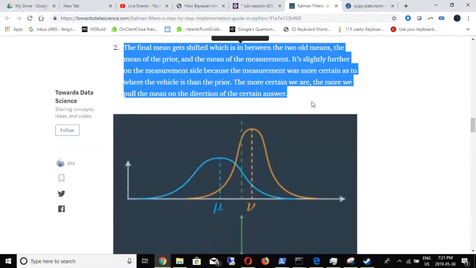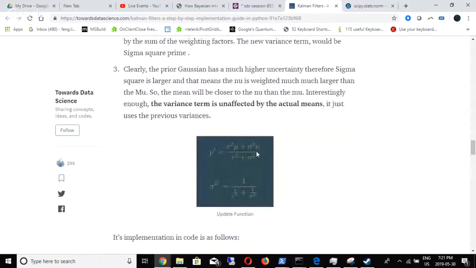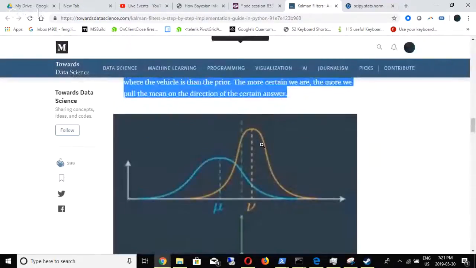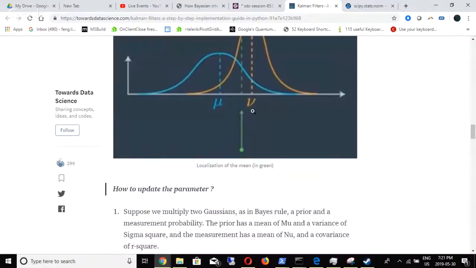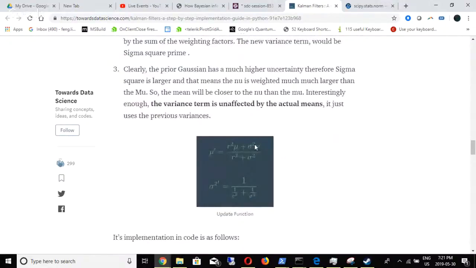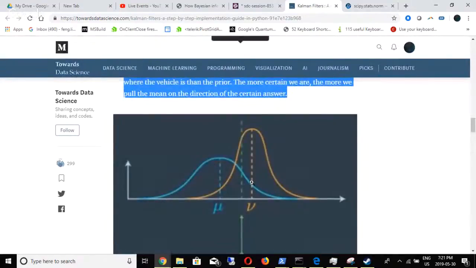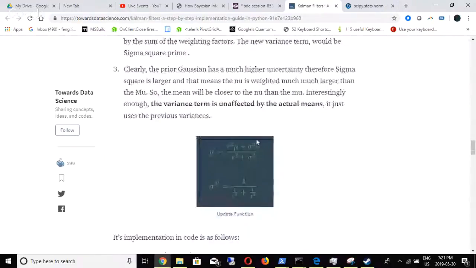You'll see why by the equation here. The variance of this guy is r squared, and the variance of mu here is sigma squared.